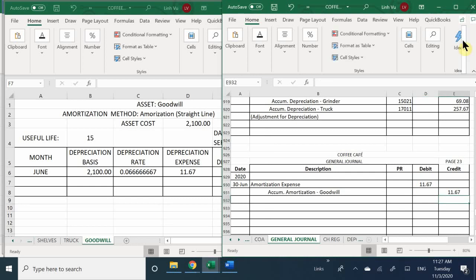All right. And then can you tell me what my accounts are going to be? 66500.